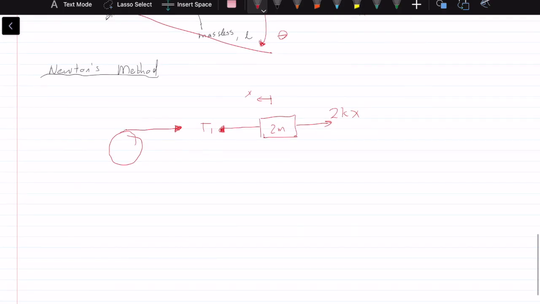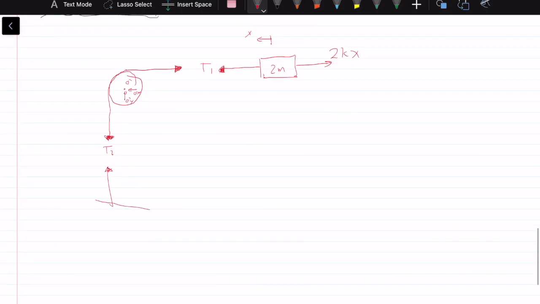Similarly, going down that way, I'm going to say that this is T2. This point here I'm going to name O dash. We have O dash in the y direction and O dash in the x direction. Those are our reaction forces. T2 must be acting upwards on the rod now, and the rod is going to look something like that. It's massless.